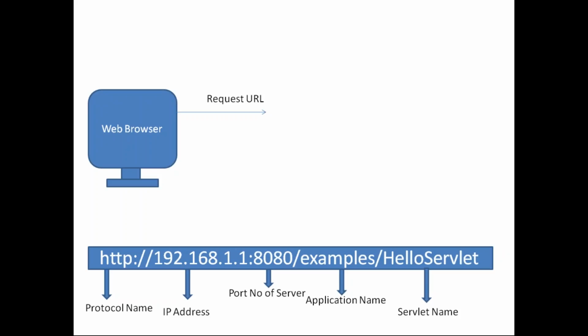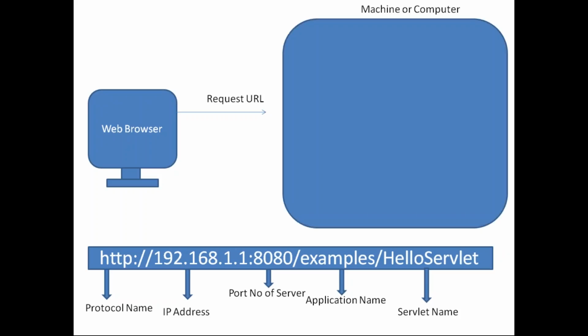If it finds the example application, then execution will go inside the example application, and inside the example application it will find the hello servlet code. And if it finds the hello servlet code, then it will execute that hello servlet code, and a response will be generated, and that response is printed on the web browser, and the website is opening.